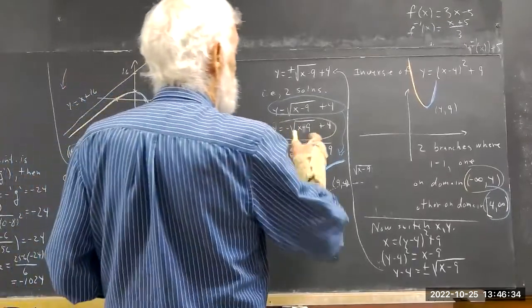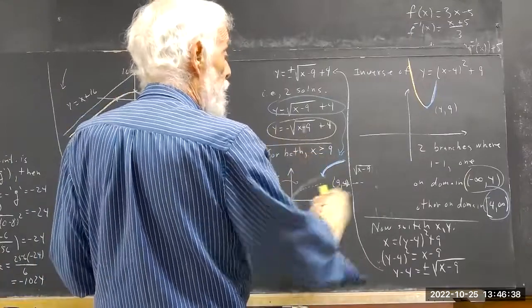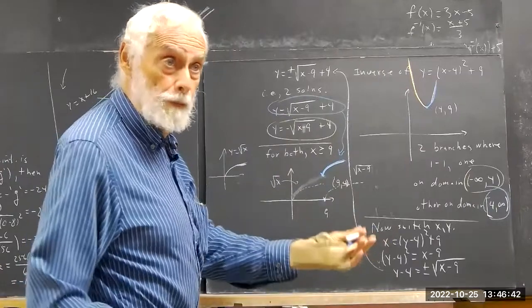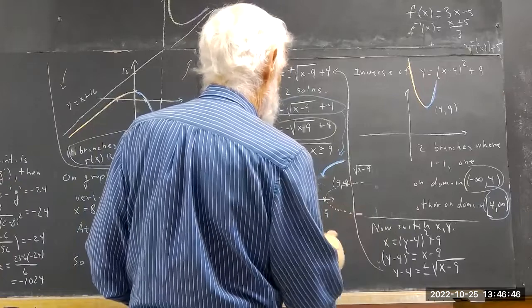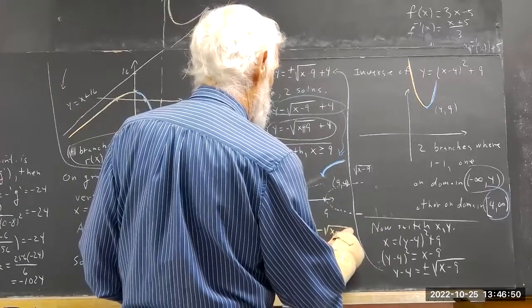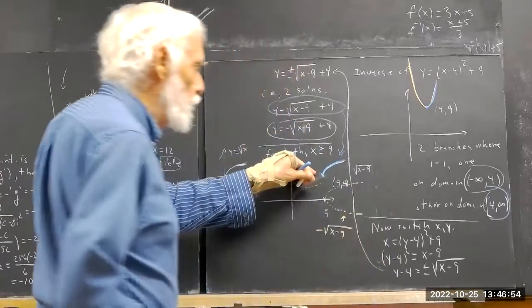I want to do the negative square root of x minus 9. Well, we can shift 9 units to the right and then take its negative, which reflects it through the x-axis. And then we can raise that up 4 units.